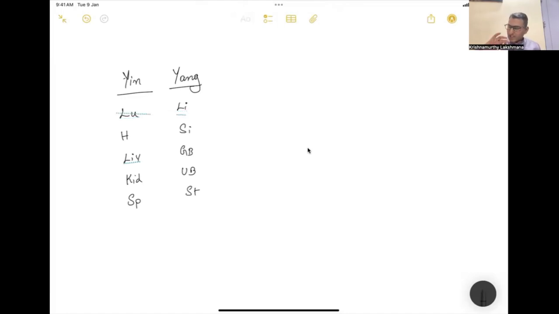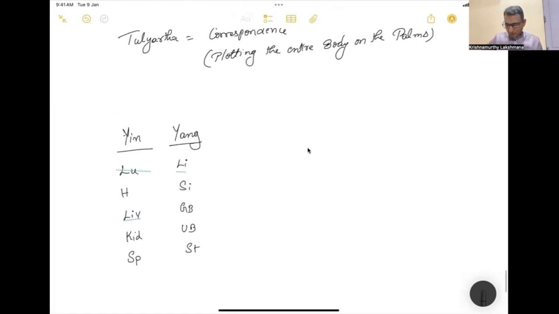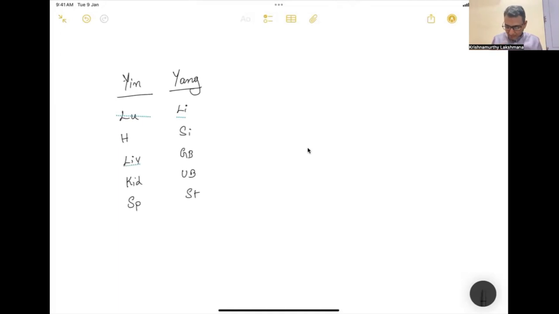Now, as per the 5 elements of TCM, what is the classification of yin and yang?